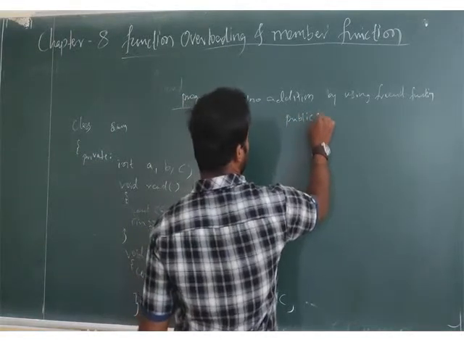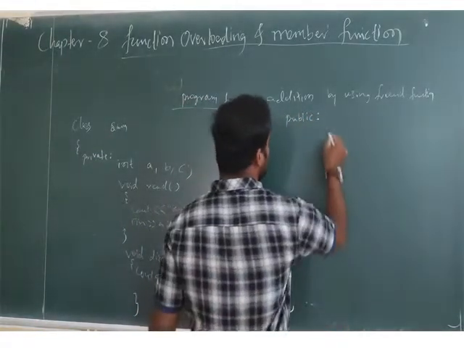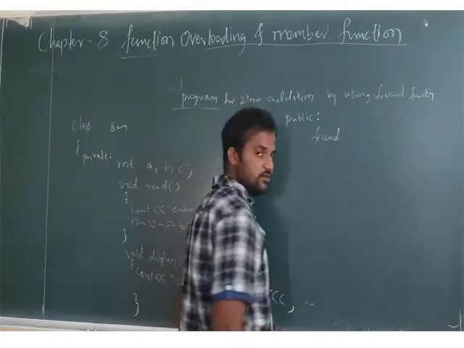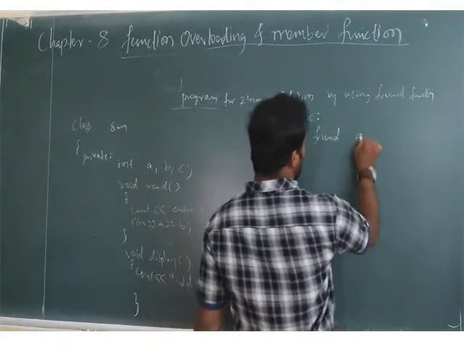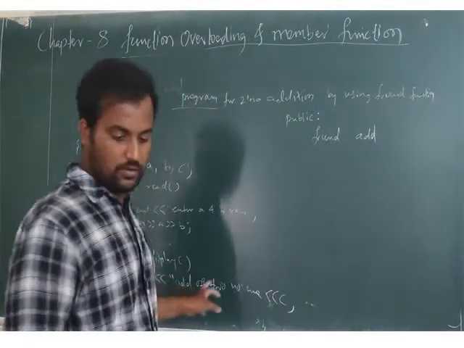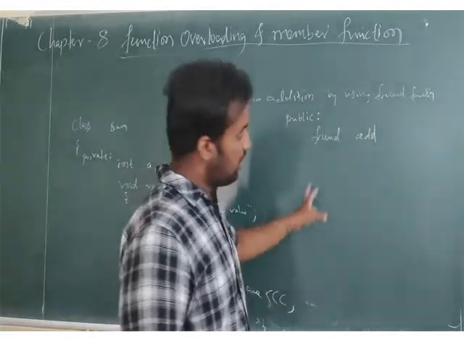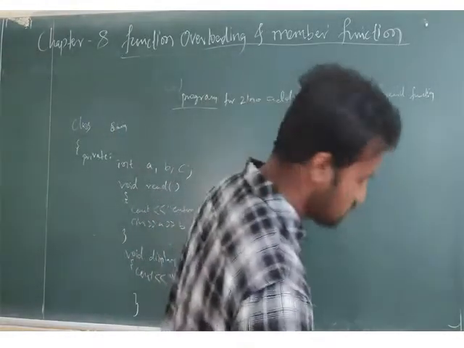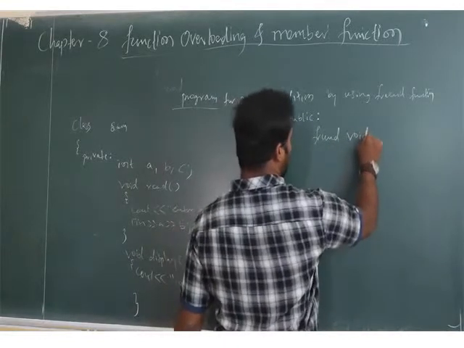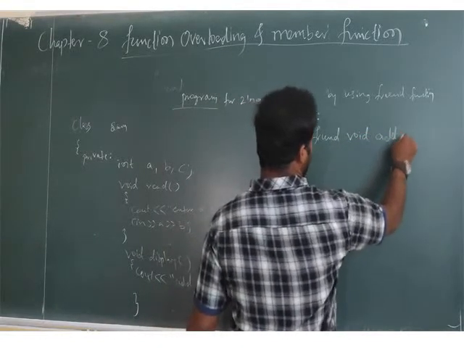Public. Okay. First, what will I do? I will declare friend. Add is what? The function name. Friend void add.